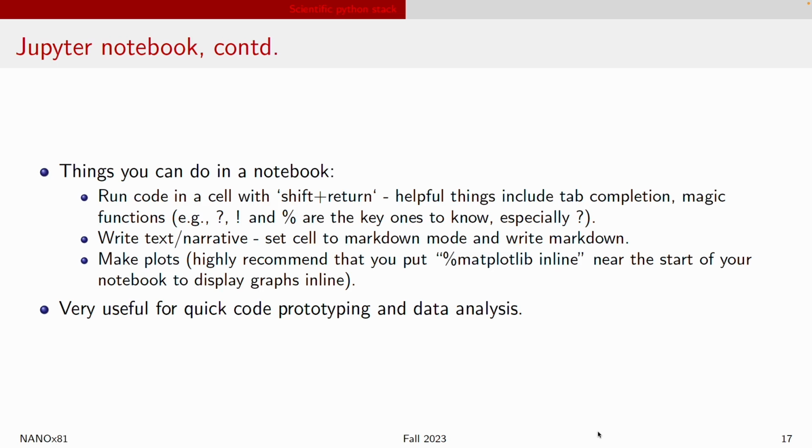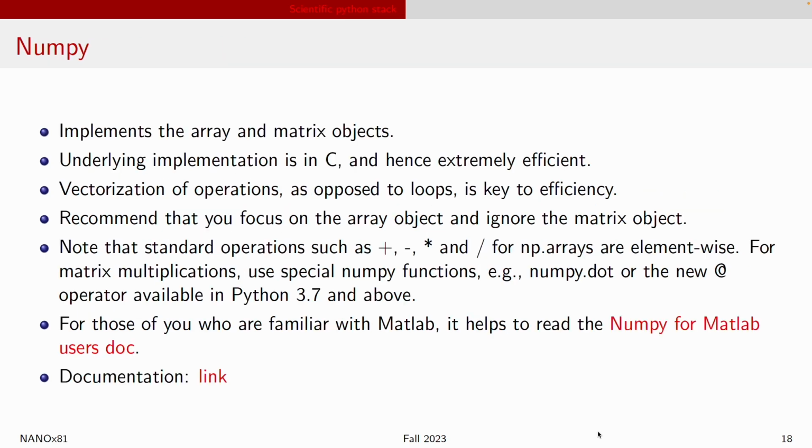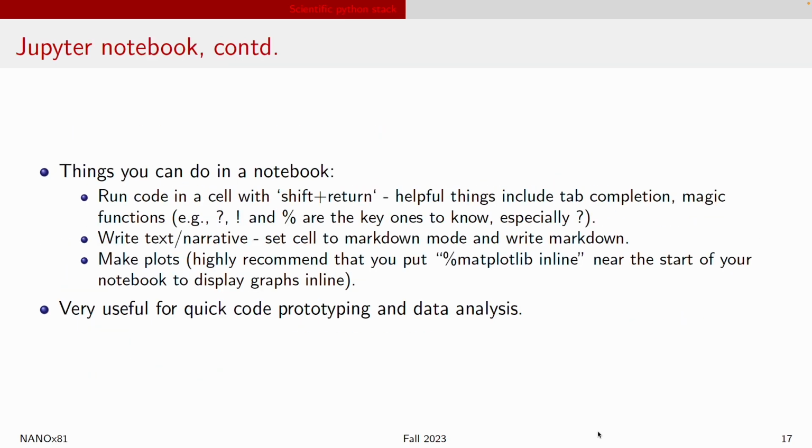The reason Jupyter Notebooks are such a powerful tool is that they are very useful for quick code prototyping and data analysis. Sometimes I just need to figure out how to do something. I will type it in the Jupyter Notebook, change the code as I go along, and rerun that cell to figure out what is happening. So let me now do a very quick demo.